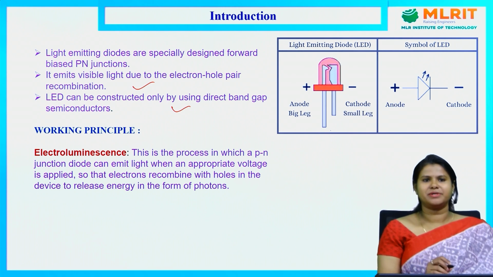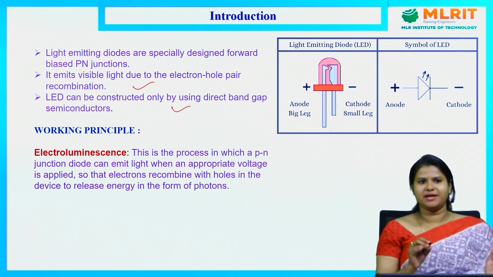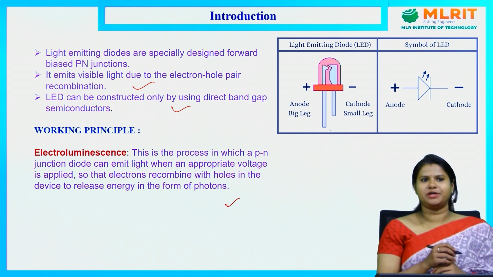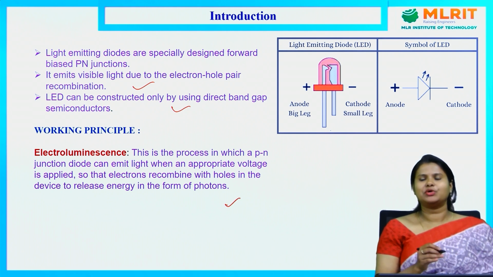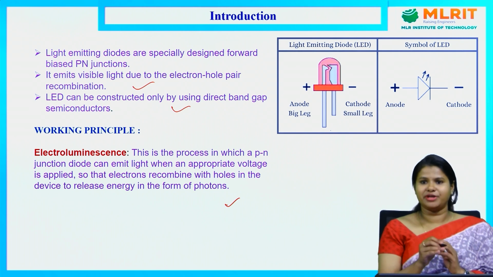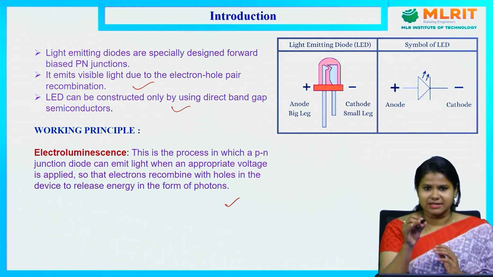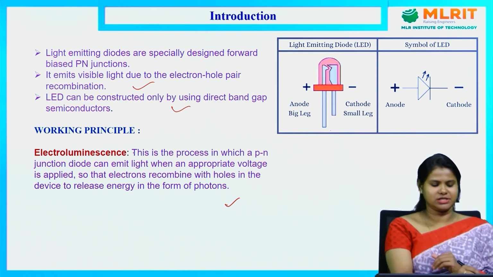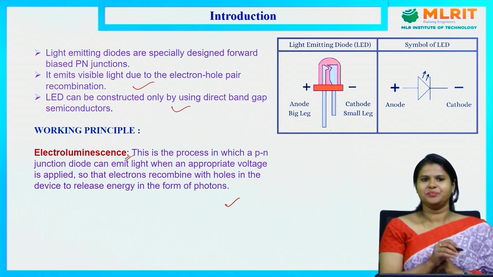The working principle of LED is electroluminescence, which is the process in which a PN junction diode can emit light when an appropriate voltage is applied. In general, when we apply an electric voltage and get light out of it, this process is known as electroluminescence, and this is the basic working principle of the LED.